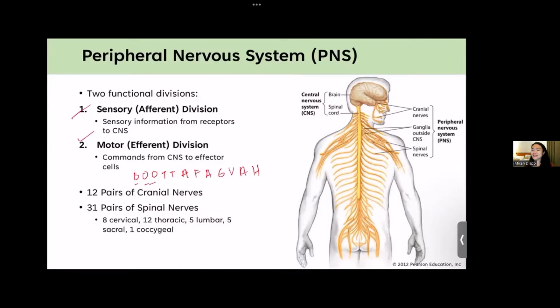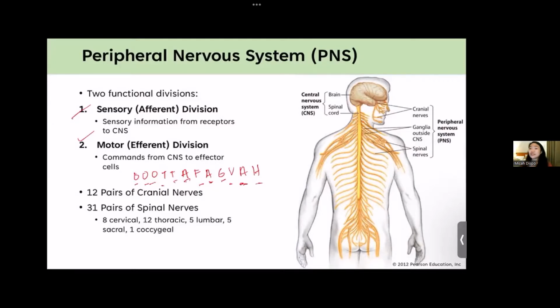Oculomotor, that's how I used to pronounce it, oculomotor. Whatever. Your trochlear, your trigeminal, your abducens, your facial, your auditory, and then you have your glossopharyngeal, vagus, spinal accessory or simply accessory, and then your hypoglossal nerve.